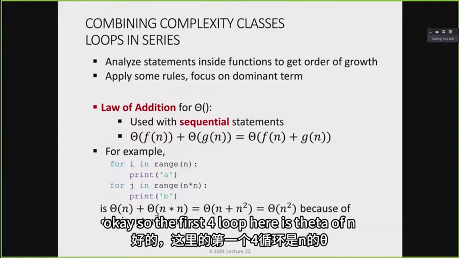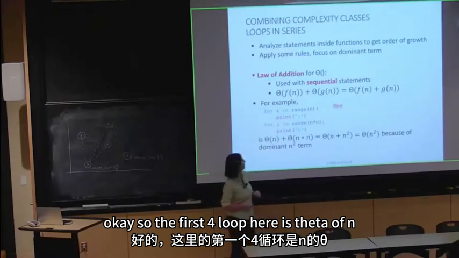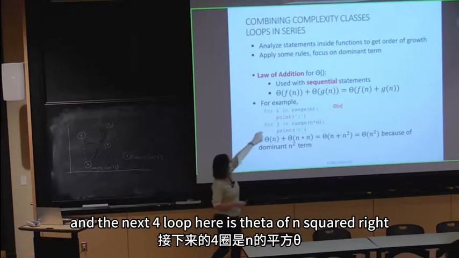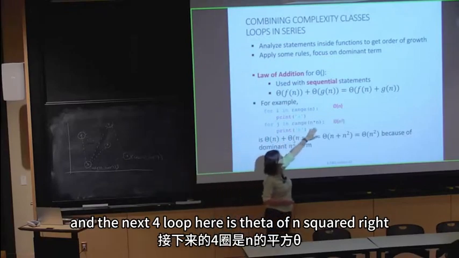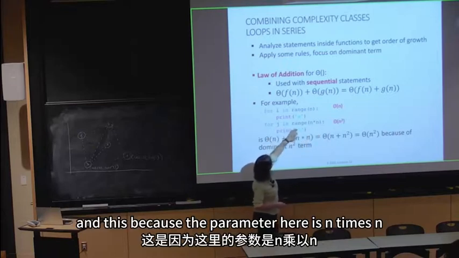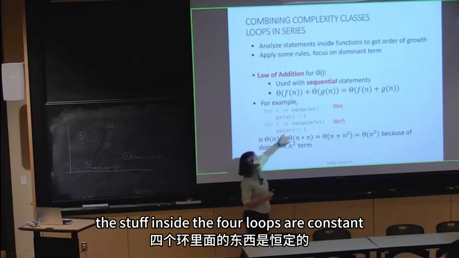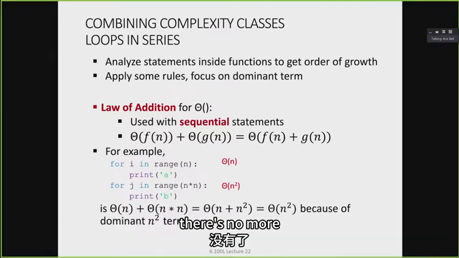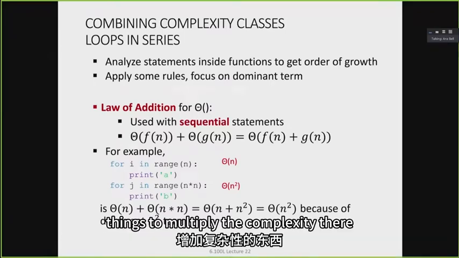So the first for loop here is theta of n, because it depends on parameter n. And the next for loop here is theta of n squared, because the parameter here is n times n. The stuff inside the for loops is constant, so it doesn't contribute anything to our thetas, right? There's no more things to multiply the complexity there.